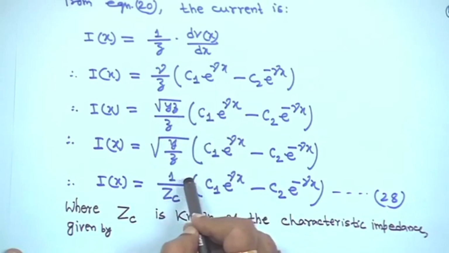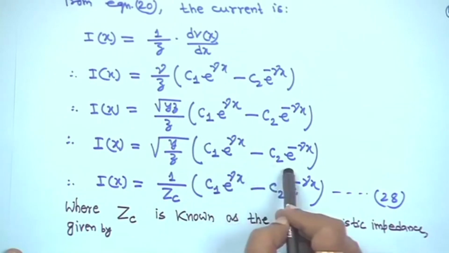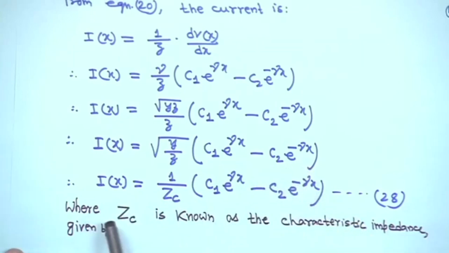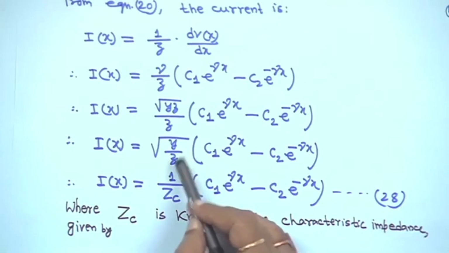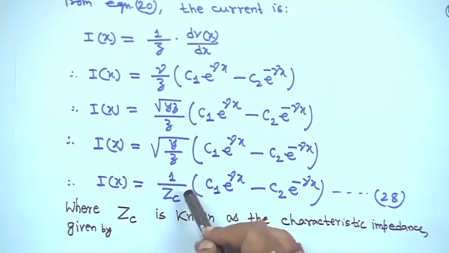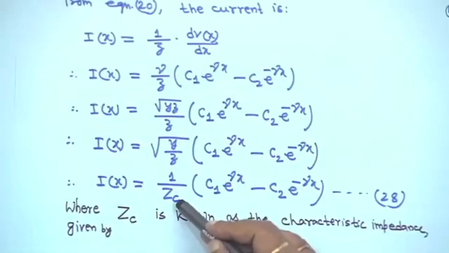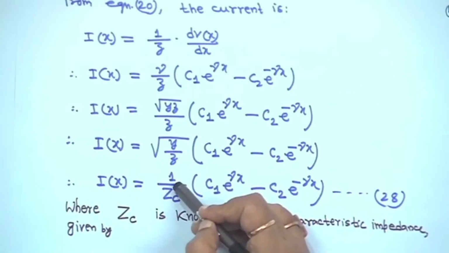Or we define Ix = (1/Zc)[C1 e^(γx) − C2 e^(−γx)], where Zc is known as the characteristic impedance, and given by √(z/y), because reciprocal is taken, it is understandable.